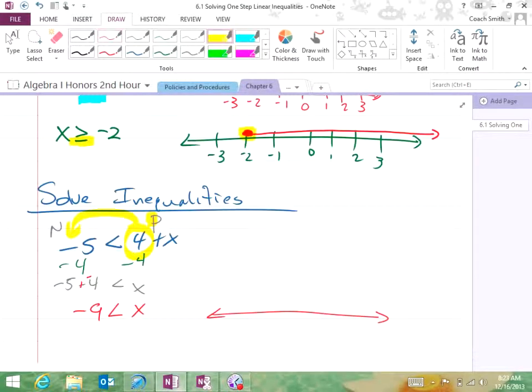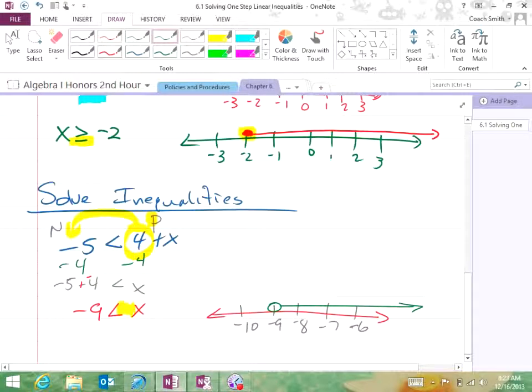Okay, remember to read this properly. X is greater than -9. So if this is -10, -9, -8, -7, -6, it would be that right there.